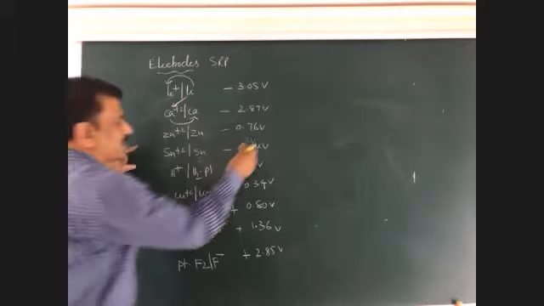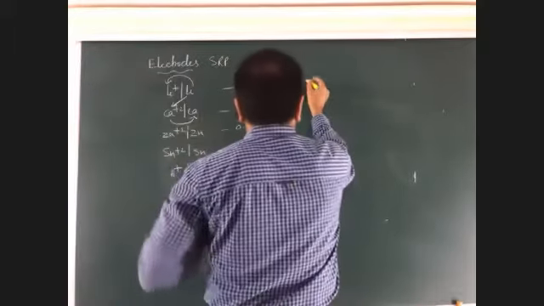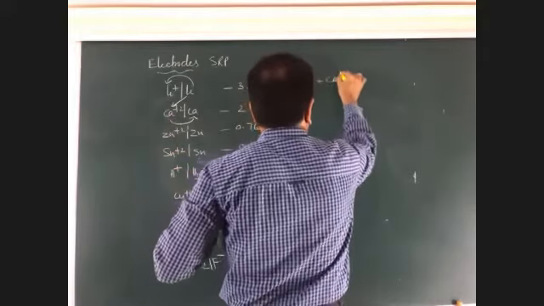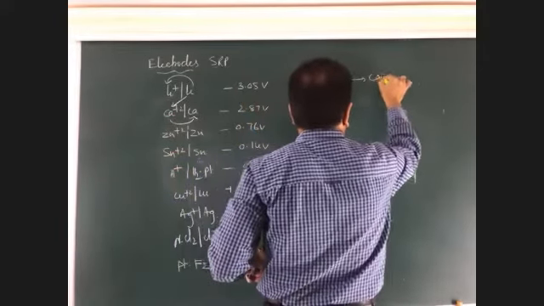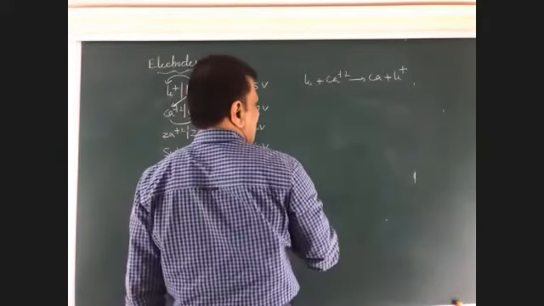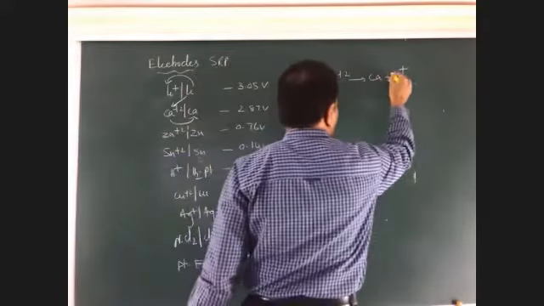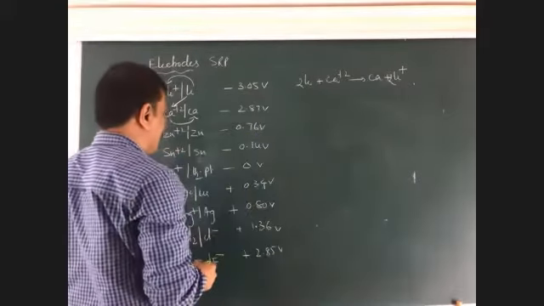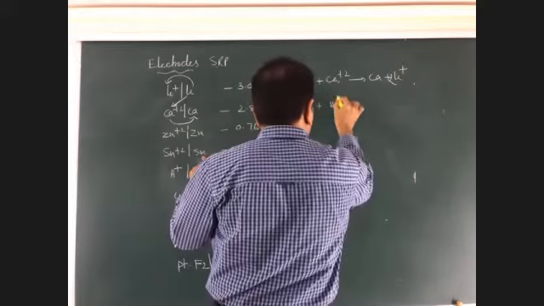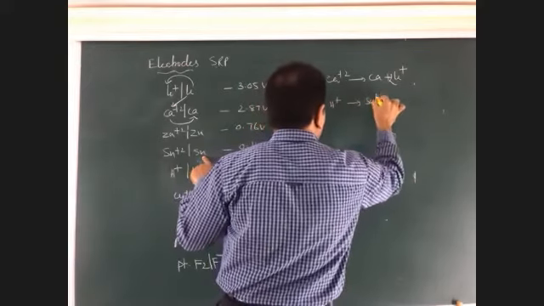So look at these examples. We can write like this. Li reduces Ca2+ into Ca and Li changes to Li+. You can balance like this. That is no issue here. And likewise, tin reduces H+ into hydrogen.